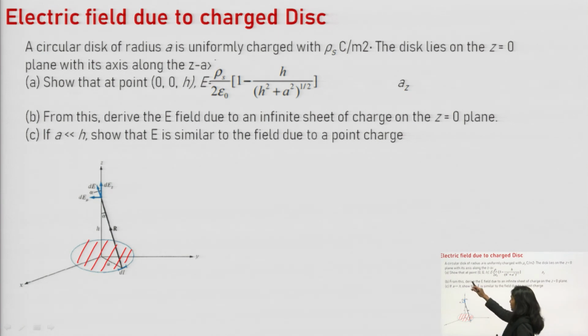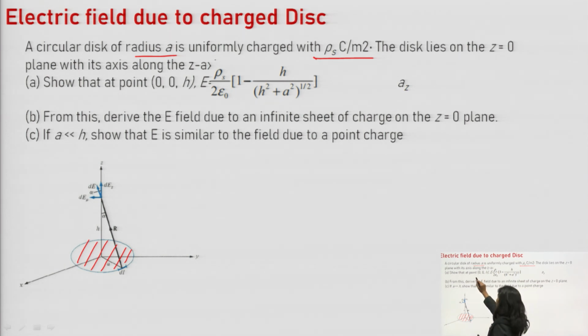But here in this question they ask: a circular disc of radius A is uniformly charged with rho s coulomb per meter square. The disc lies on the z equal to 0 plane, which means the disc lies on the xy plane.